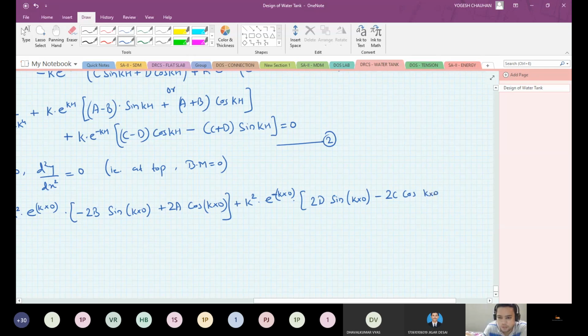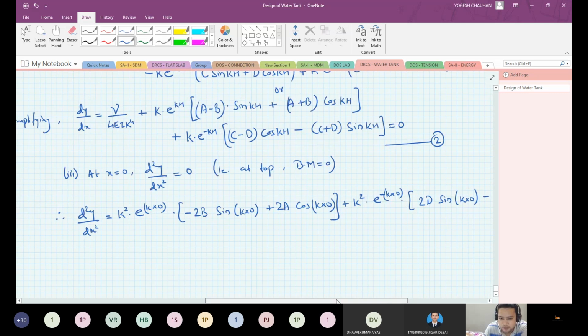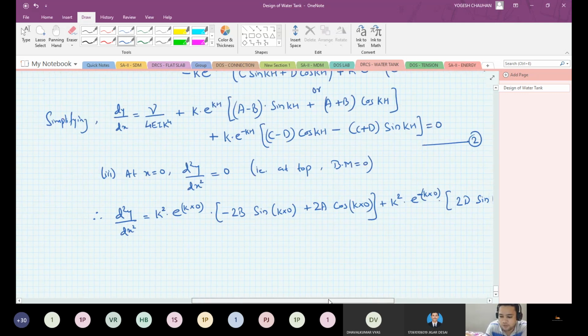We are differentiating as well as substituting the value of x simultaneously, so this has to be equated to 0. So mark this as number 3.